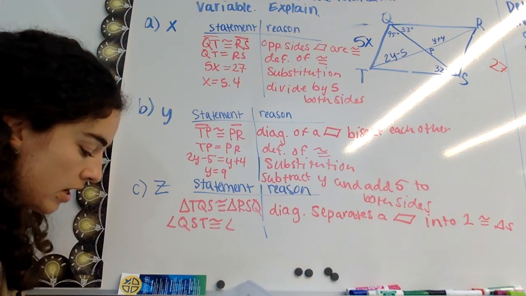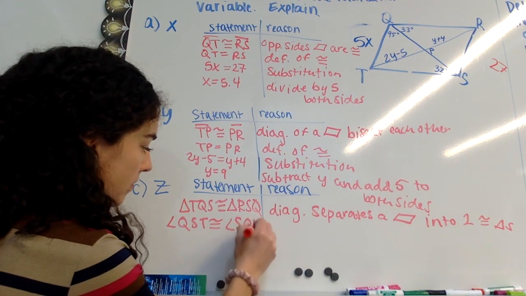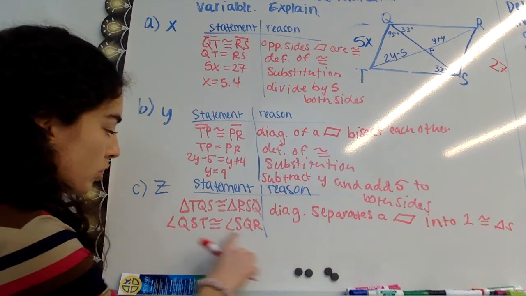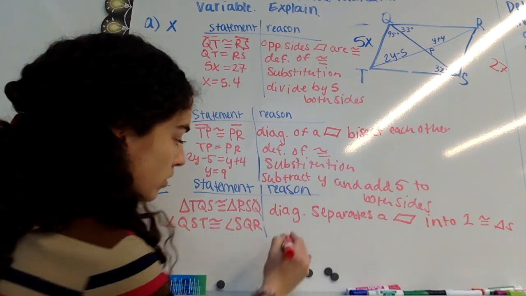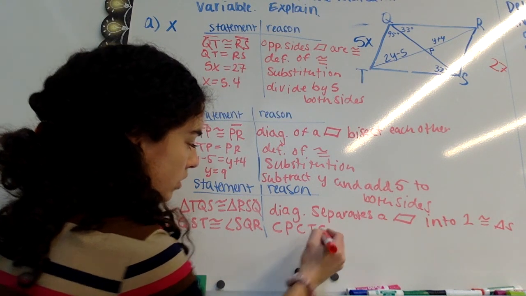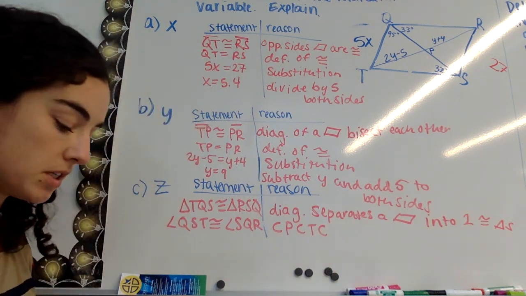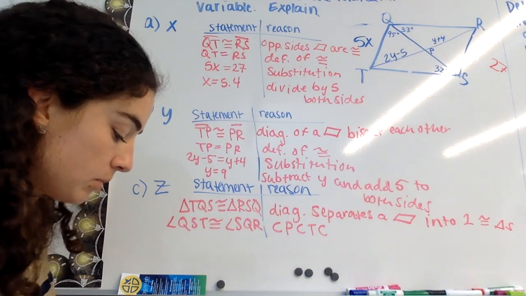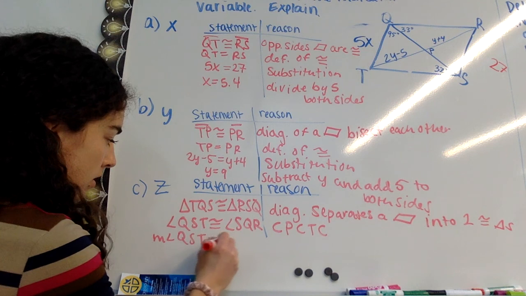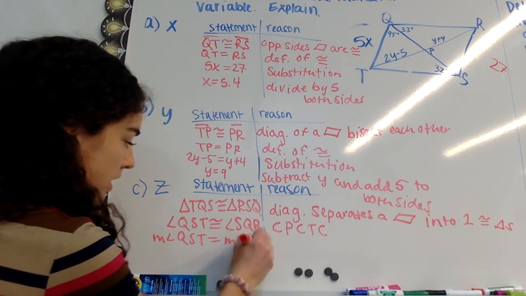Okay? Then we can say that angle QST is congruent to angle SQR, because if the two triangles are congruent, then these corresponding angles are congruent, and that's called corresponding parts of congruent triangles are congruent. Remember that? CPCTC, which means that the measure of this angle is equal to the measure of this angle.